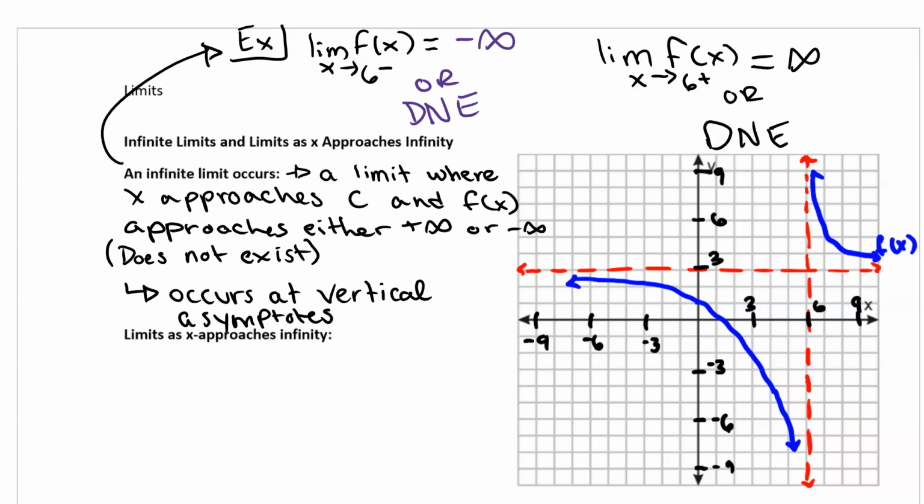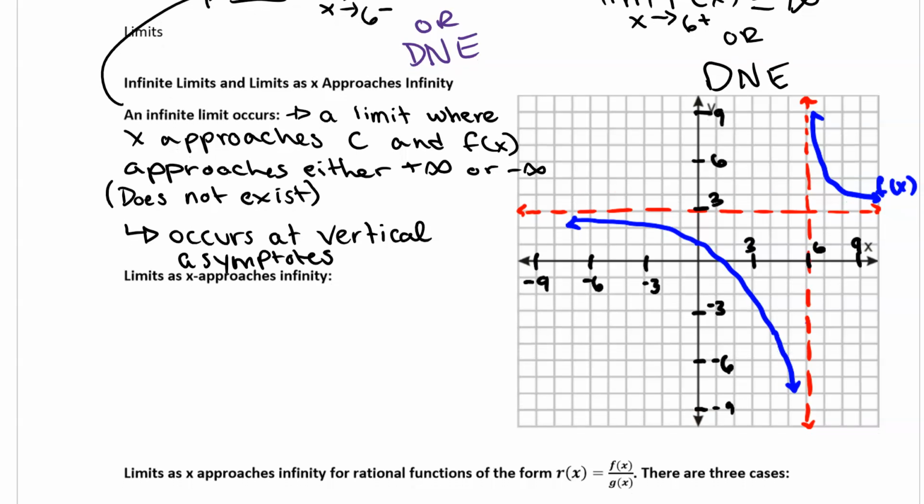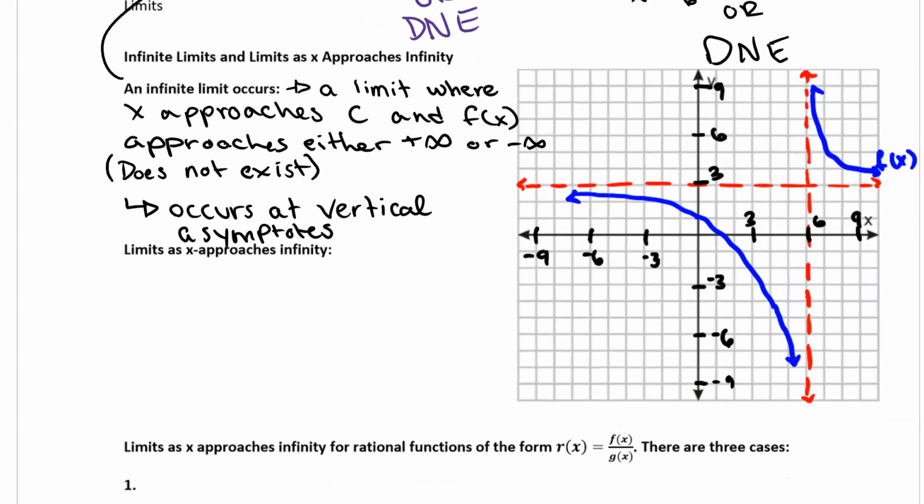Then we've got the case where we're looking at x approaching infinity. So this instead is going to be looking at the end behavior. You may be familiar with that term, because the end behavior refers to as we go all the way off to the left of our graph and as we go all the way off to the right.